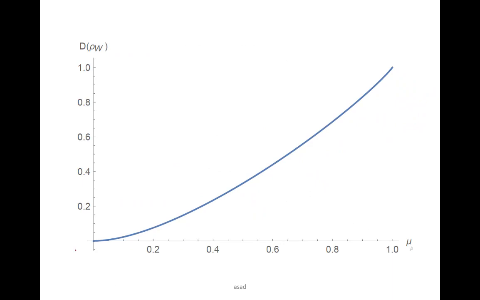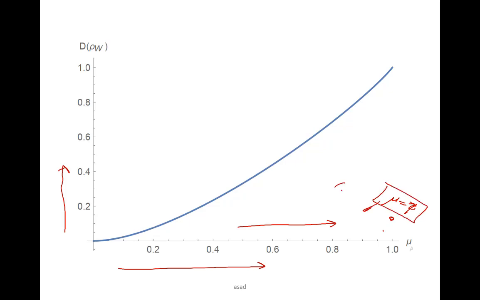Here on the x-axis we have purity, on the y-axis we have discord for Werner states based on the GHZ state. While increasing the value of mu, you are adding purity to the system, meaning mixedness is decreasing and purity is increasing. When you come to mu equal to 1, this becomes a perfectly pure state, which is the GHZ state, and for the GHZ state it gives the value 1.